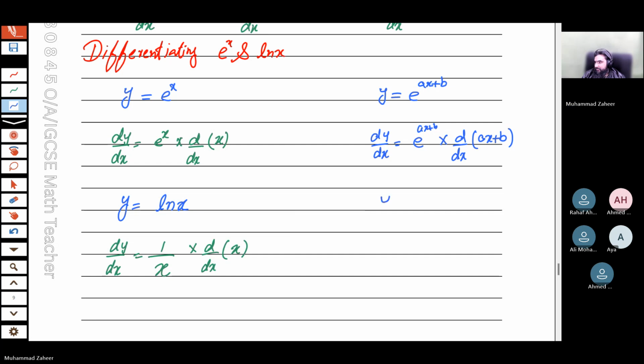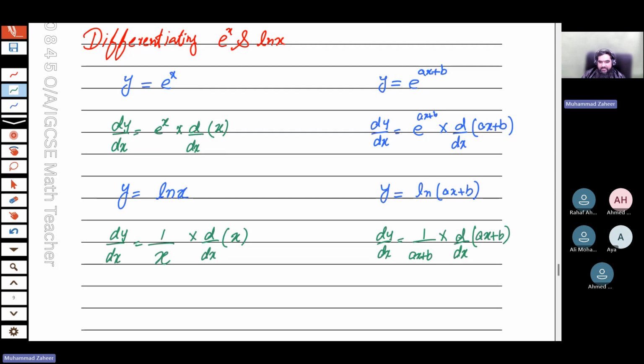For example, if y is equal to natural log of ax plus b, then dy by dx is 1 over ax plus b, multiplied by the derivative of the value inside, that is ax plus b. Is it clear?